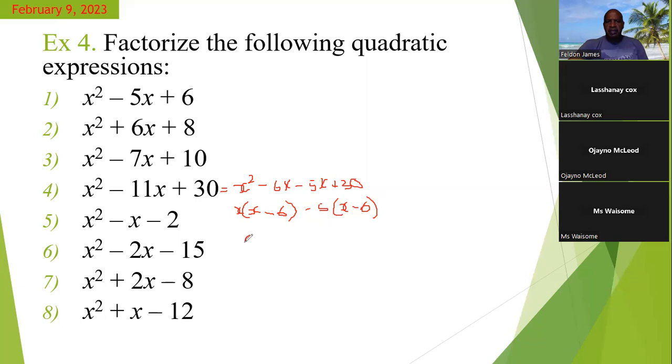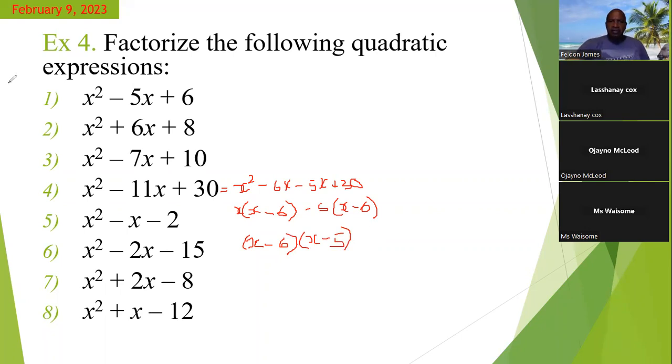So what is common here is the bracketed expression, x minus 6. And what we have remaining after we divide by that is x minus 5. And those are our factors.